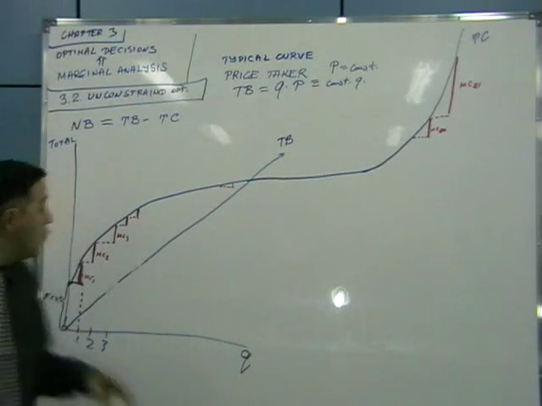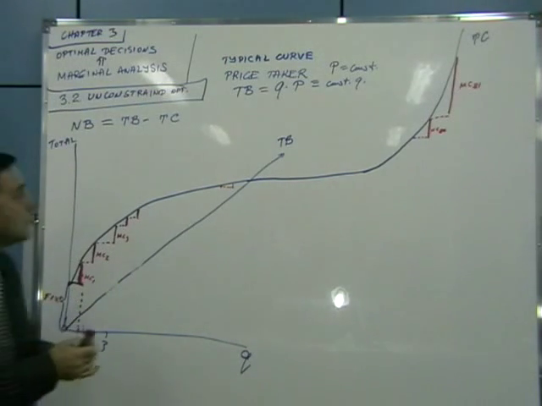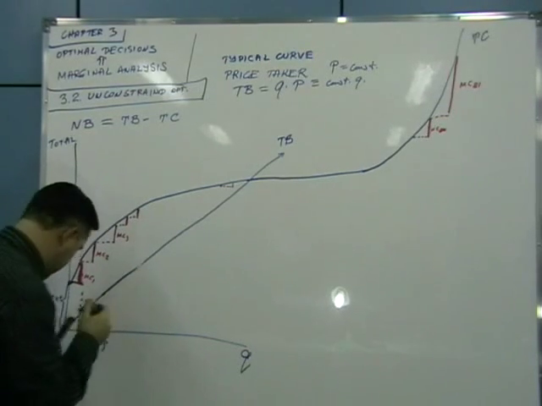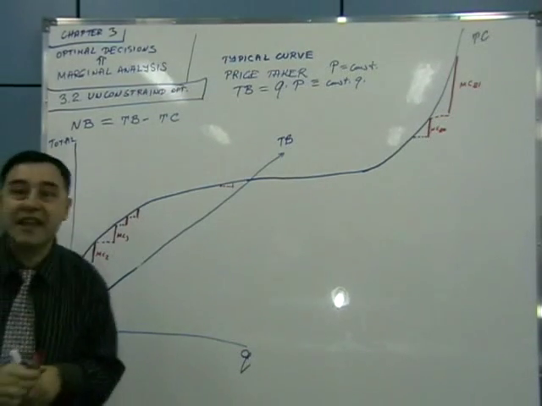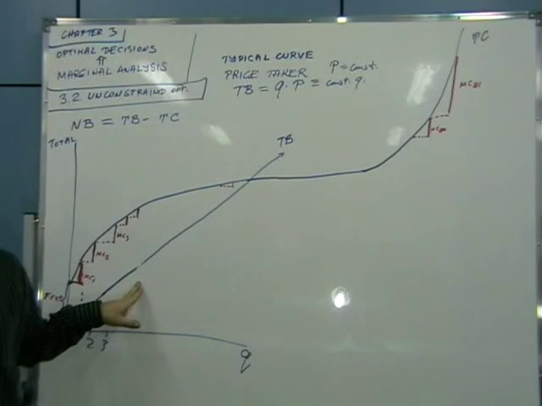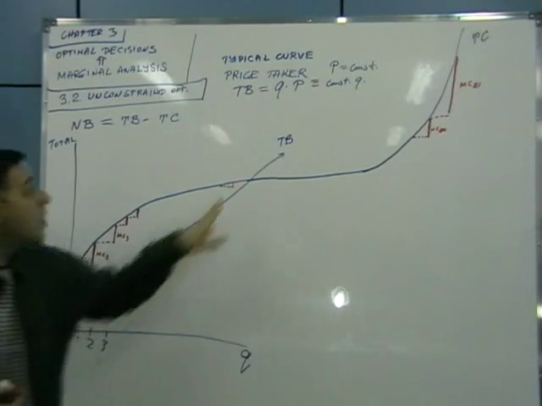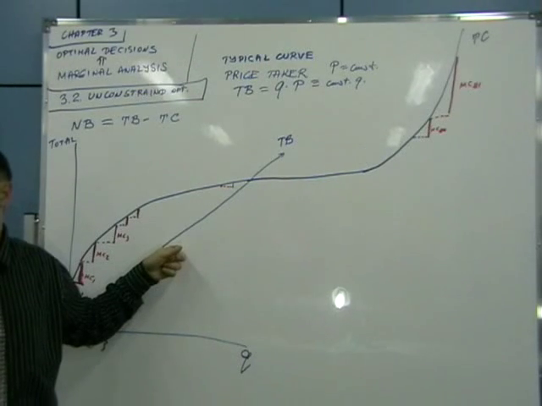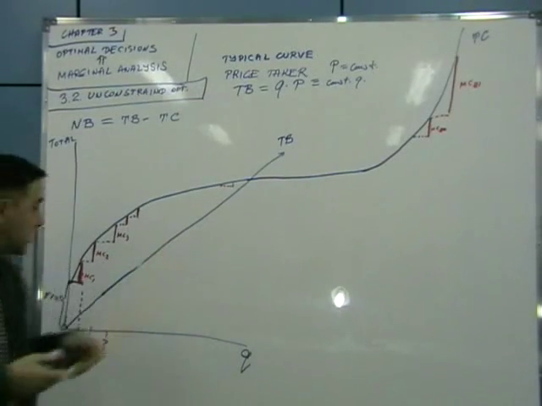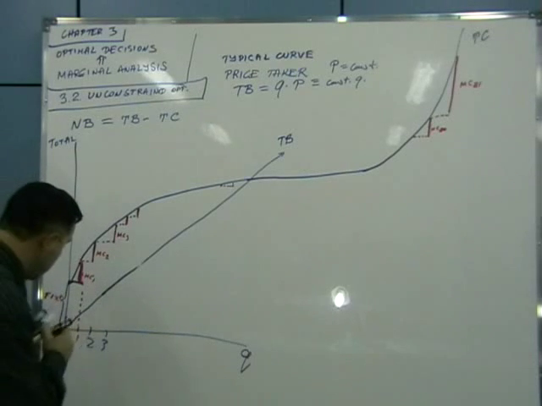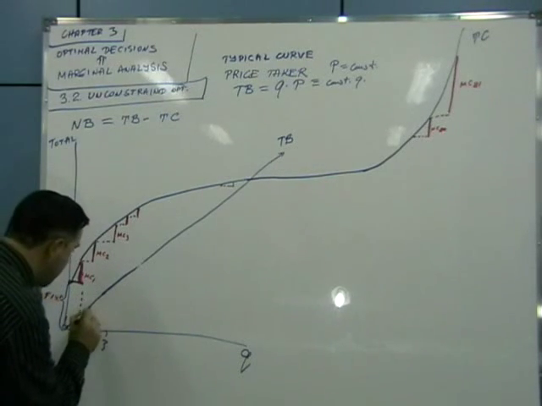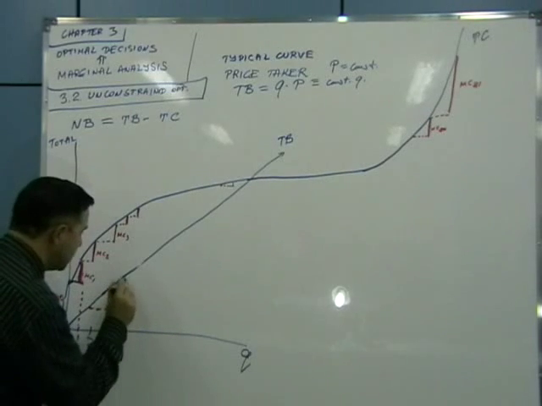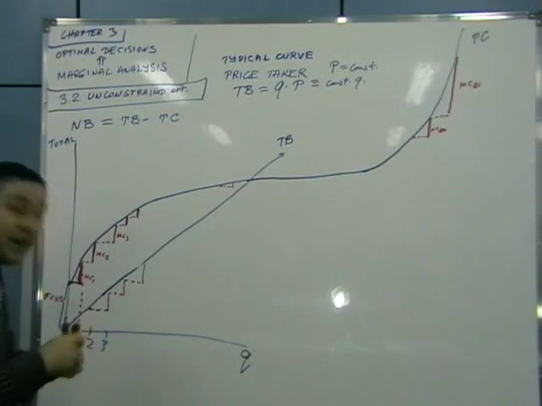Alright? Now, what about this one here, which is the total benefit? Can we say that the marginal benefit also depends on the slope of this curve here? And the answer is yes, certainly. 1 unit here gives you that much. 1 unit here gives you that much. 1 unit here gives you that much.